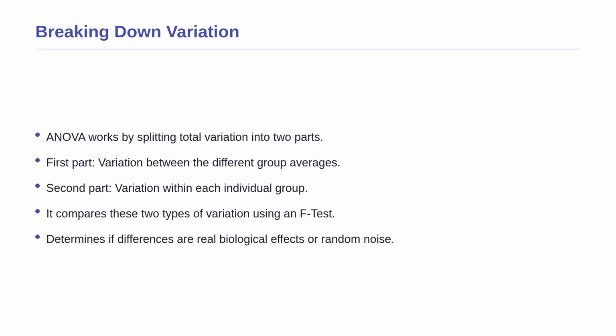The second part is the variation within each individual group, the random background noise among individuals receiving the exact same treatment. By comparing these 2 types of variation using the very same F-test concept we just learned, ANOVA determines whether the differences we see between the group averages are real biological effects or just random statistical noise.